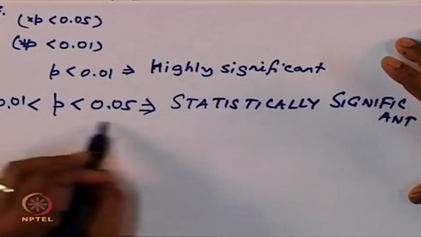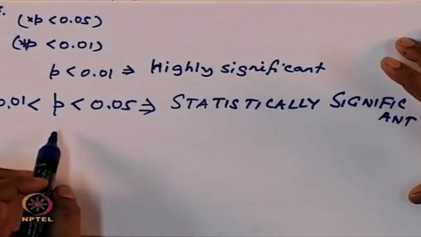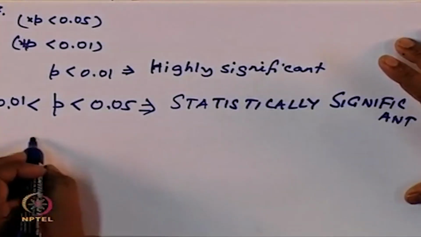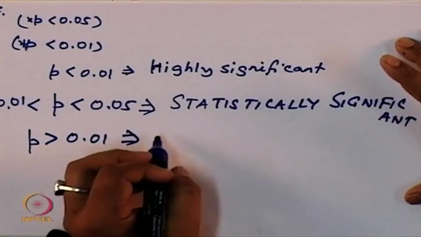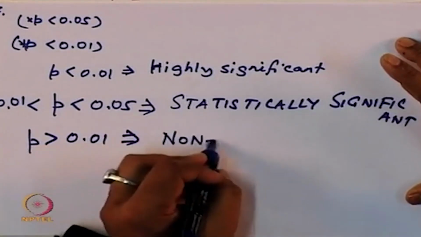If your p value lies between these two values, you say the results are statistically significant. But if your p is greater than 0.01, then your results are non-significant.